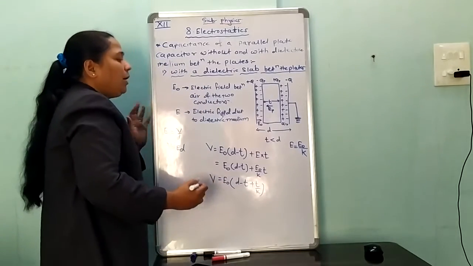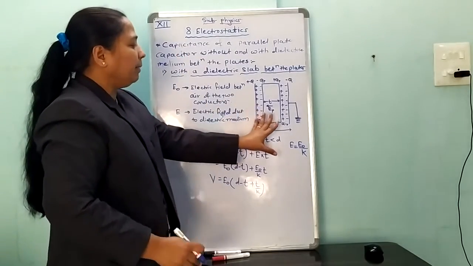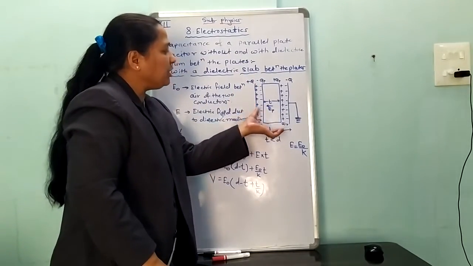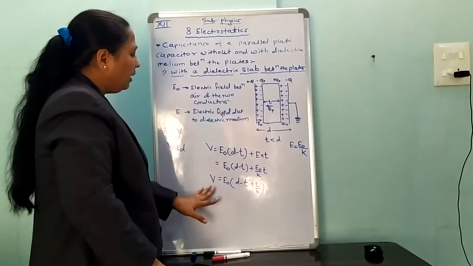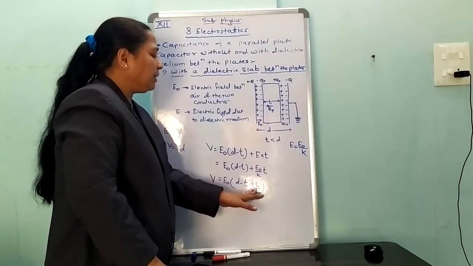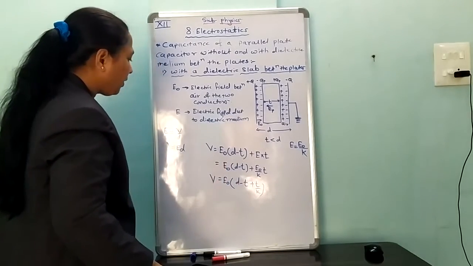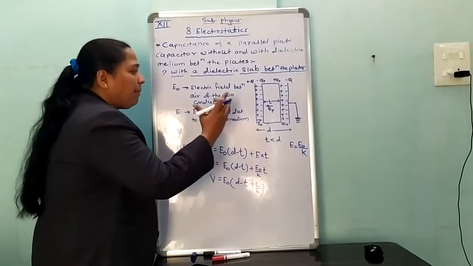So V, the net potential between the plates when the dielectric slab is introduced, is equal to E naught into D minus T plus T upon K. Now, calculate the capacity of the capacitor.